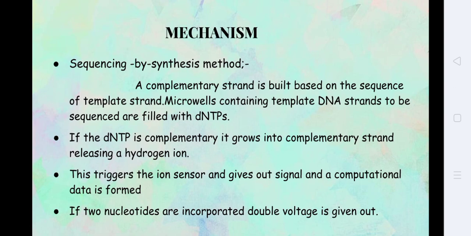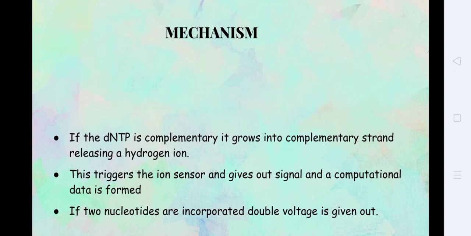It is a sequencing by synthesis method, which means the sequencing is done by synthesizing the DNA. This method follows the normal DNA replication method, wherein a complementary strand is built based on the sequence of the template strand. There are microwells which contain template DNA strands.